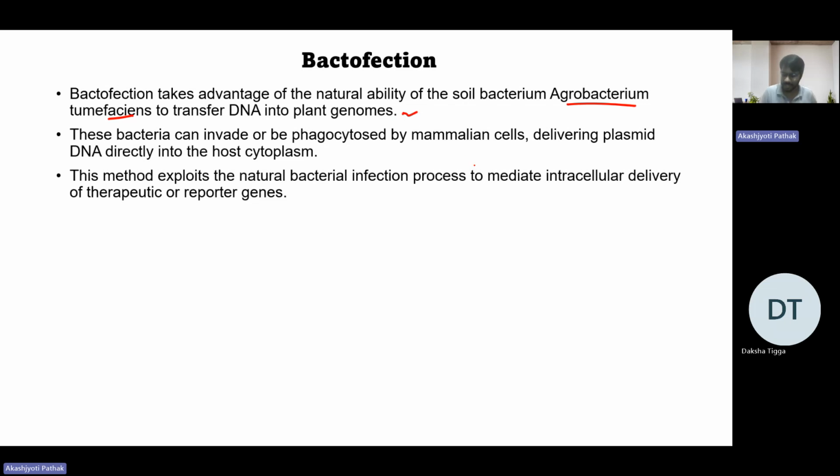You must have read about the Ti plasmid, how the Ti plasmid is transferred with the help of Agrobacterium tumefaciens. In a similar way, these bacteria can invade or be phagocytosed by mammalian cells, and once the bacteria are phagocytosed, the plasmid can be delivered into the host cytoplasm. So this method exploits the natural bacterial infection process to mediate intracellular delivery of therapeutic or reporter genes.